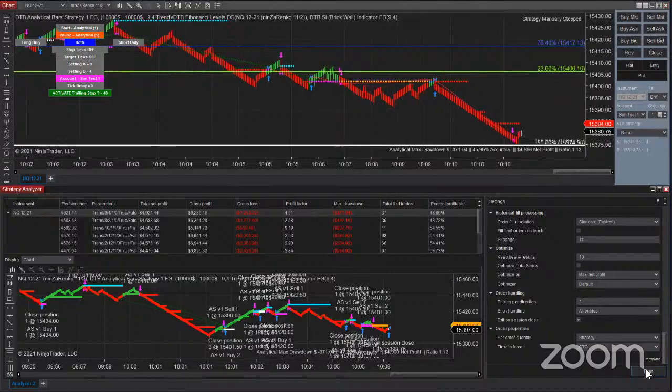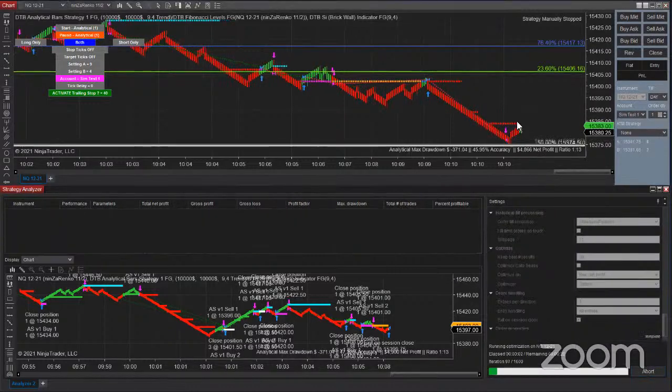I'm going to run this optimization again. So as soon as it gets a little bit out of whack, it's a matter of pausing the strategy and running your optimization again. But hopefully by this time you're actually done for the session anyway. You've accomplished what you wanted to accomplish.